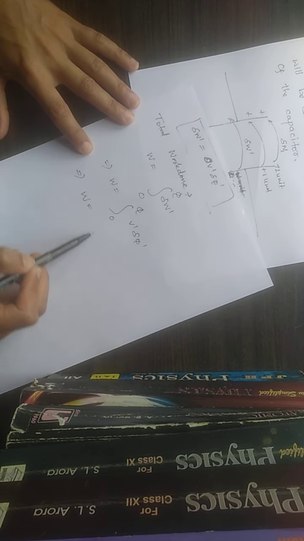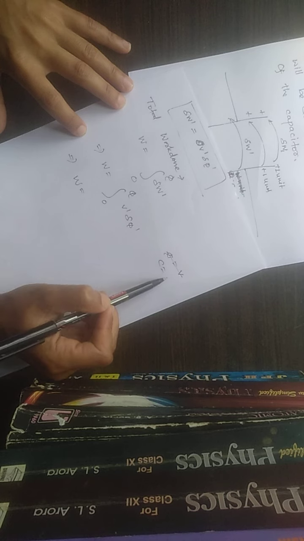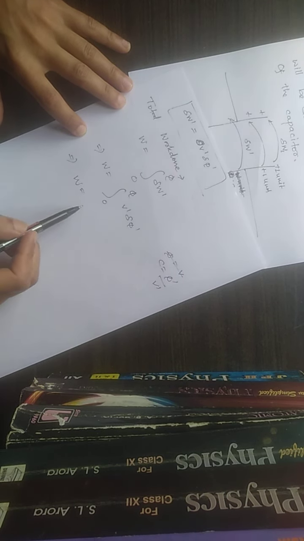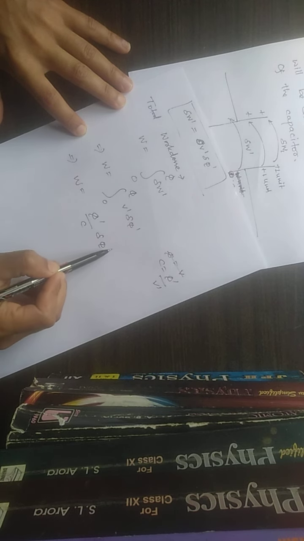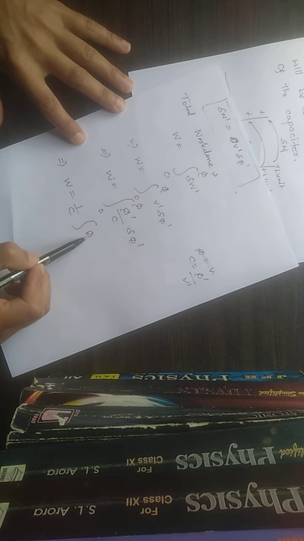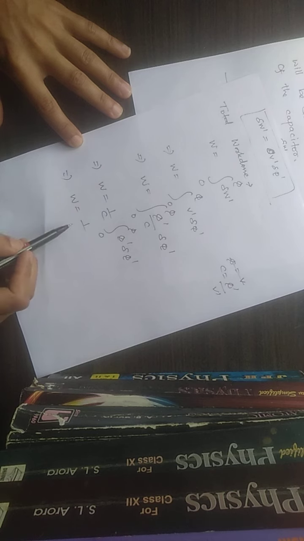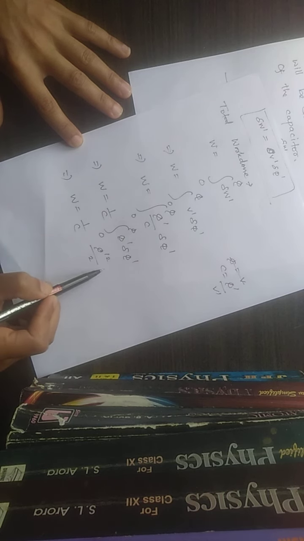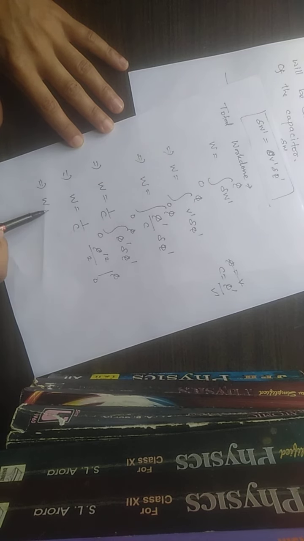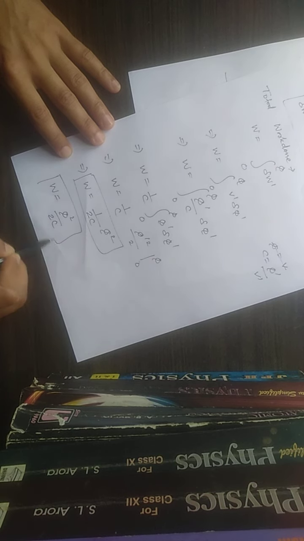Since C equals Q dash by V dash, V dash is Q dash by C. So W equals 1 by C times the integral of Q dash del Q dash from 0 to Q, which is Q dash square by 2 from 0 to Q. So W will be 1 by 2C times Q square, that is, Q square by 2C.